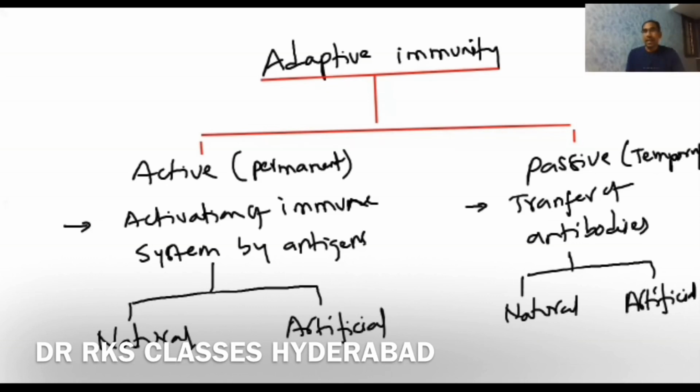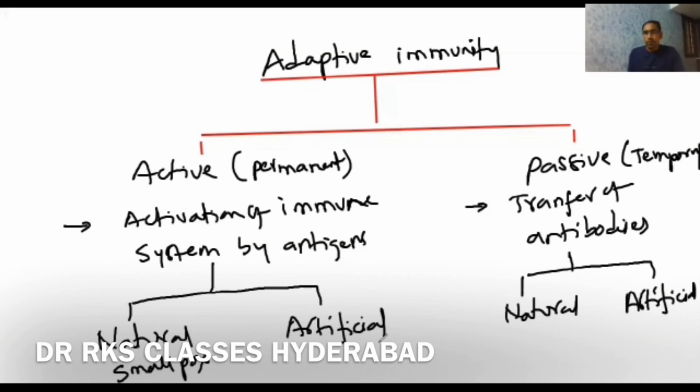The natural active process generally occurs with a natural entry of pathogen at the time of infection. Best example, smallpox. When a person is infected with smallpox, it can develop the antibodies against the particular pathogen.